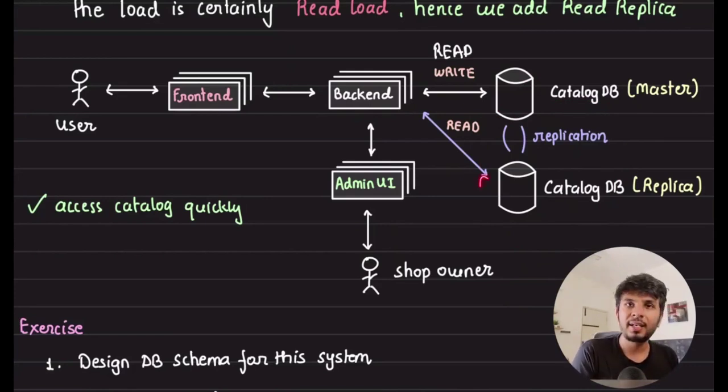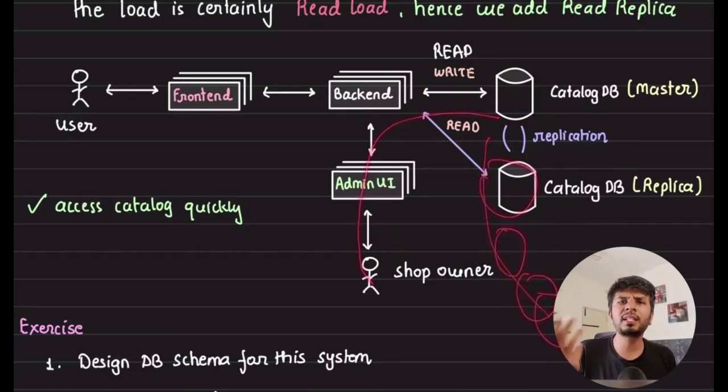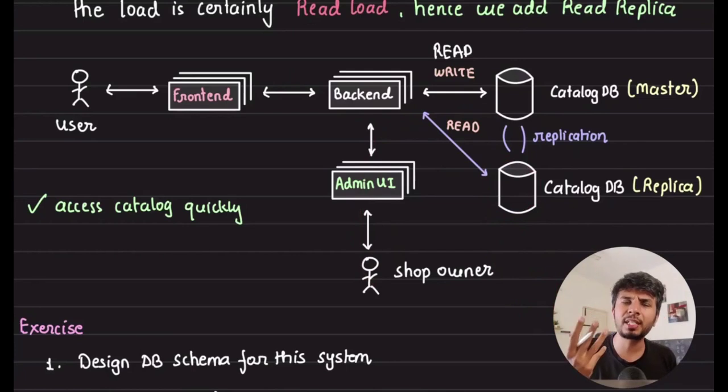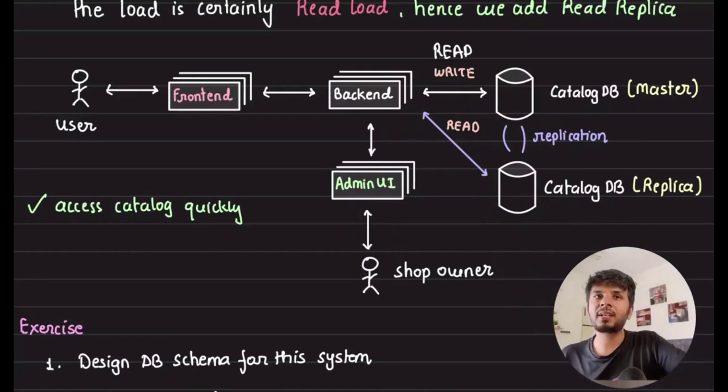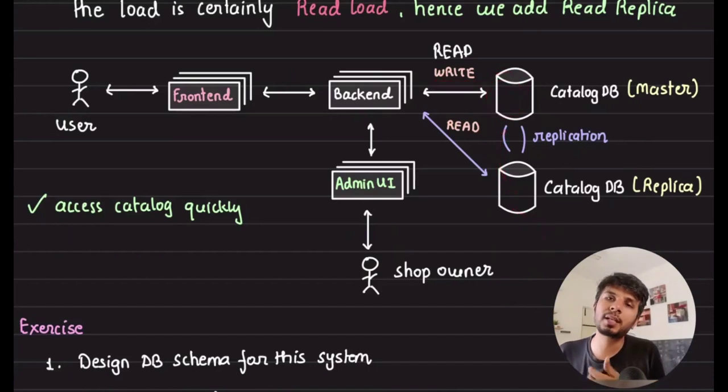But the way I did it, I could add more read replicas if needed. Given the write requests are very few and far between, a read replica setup is pretty much okay. You don't need cache complexities, because as soon as you add cache, you would have to think of cache invalidation. In this approach, there is no need for cache invalidation, because writes on master will be propagated to all the replicas automatically. Right? I went on that route.